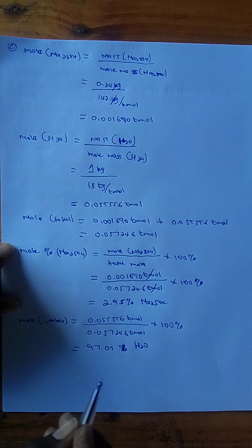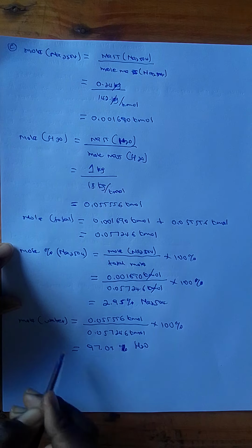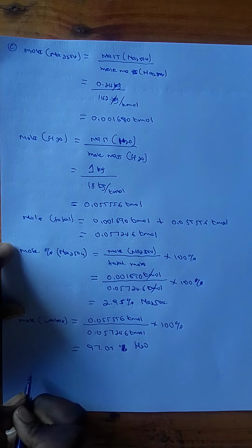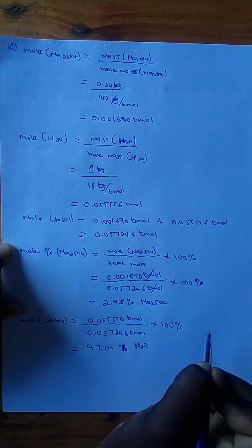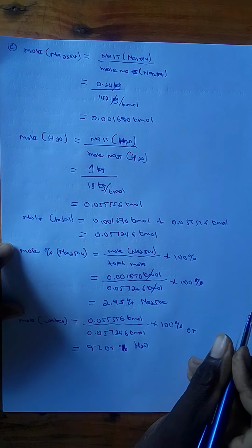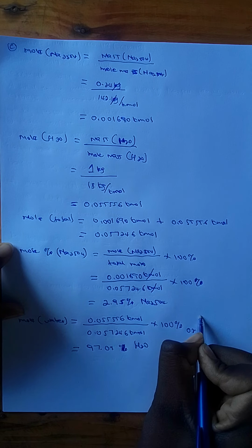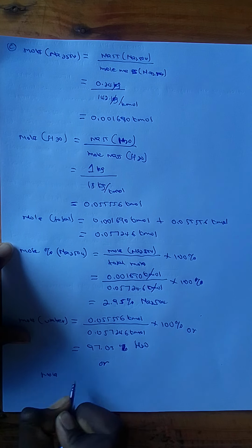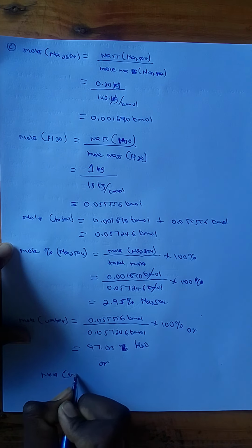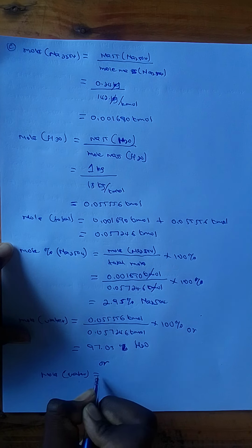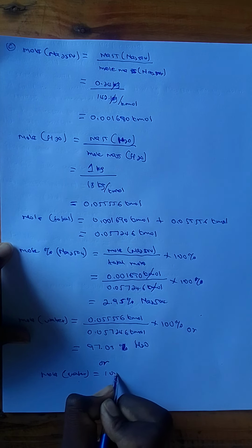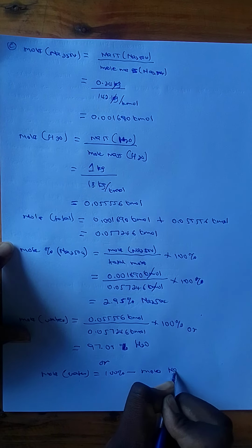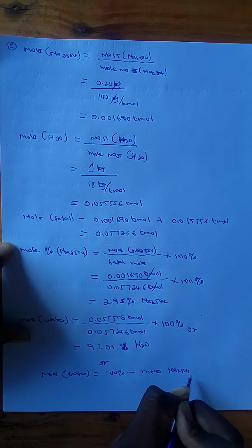Just for interest's sake, moving from here to here, we could use simple arithmetic, the 100% principle, as an alternative. Let me write it underneath: mole water equals 100% minus mole Na2SO4.